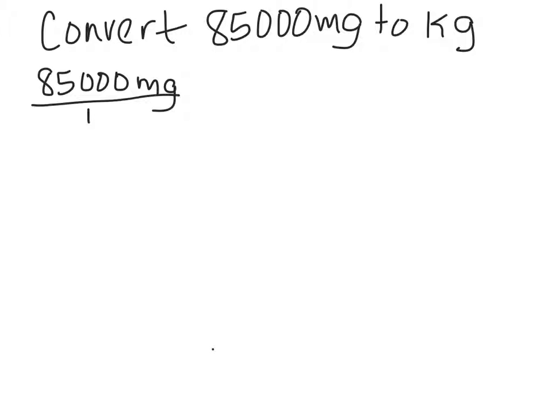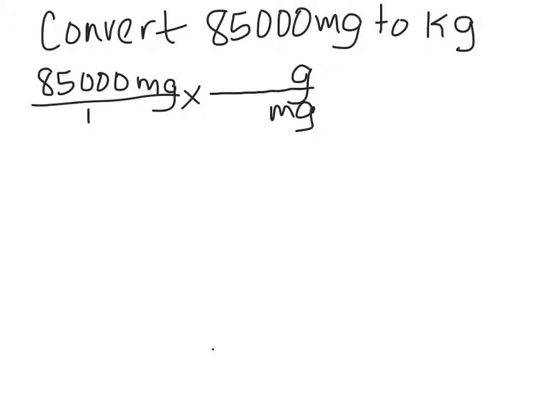Okay, so we start with 85,000 milligrams over 1 times our first conversion factor. Remember, we're going to go to our base, so we're converting to grams. Put grams in the numerator. We're converting from milligrams in the denominator. Now there is an equivalent value for grams to milligrams or milligrams to grams.